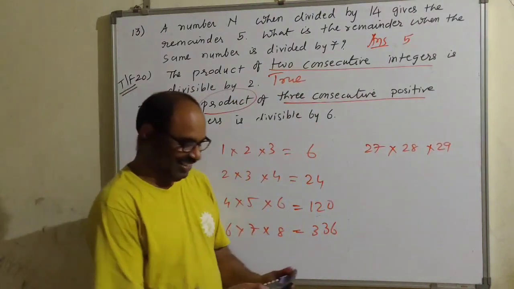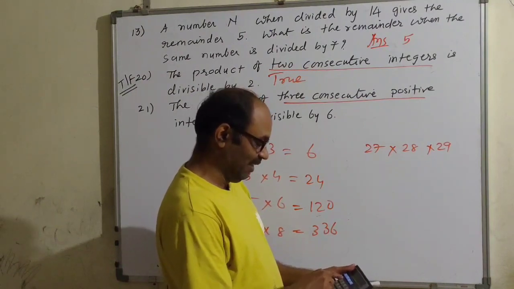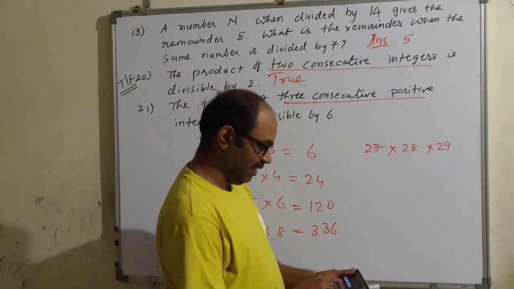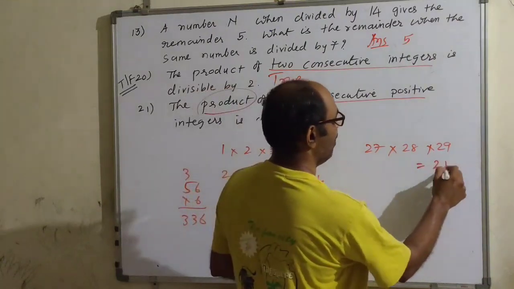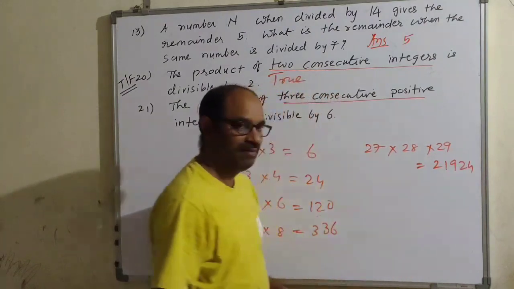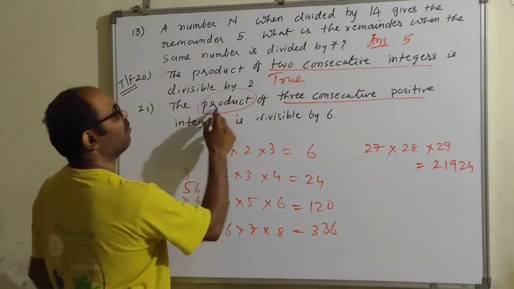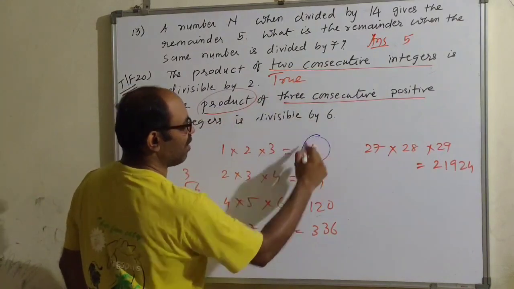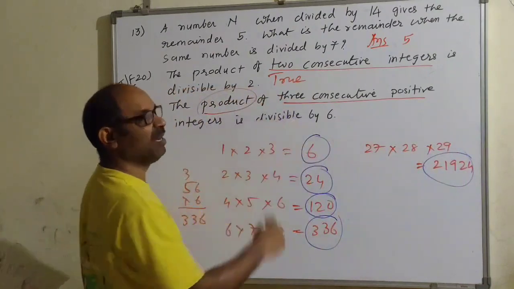I've got a calculator. It is 27 into 28 into 29. That is 21924. Now look at the statement. The product of 3 consecutive integers, these are products of 3 consecutive integers, is divisible by 6.